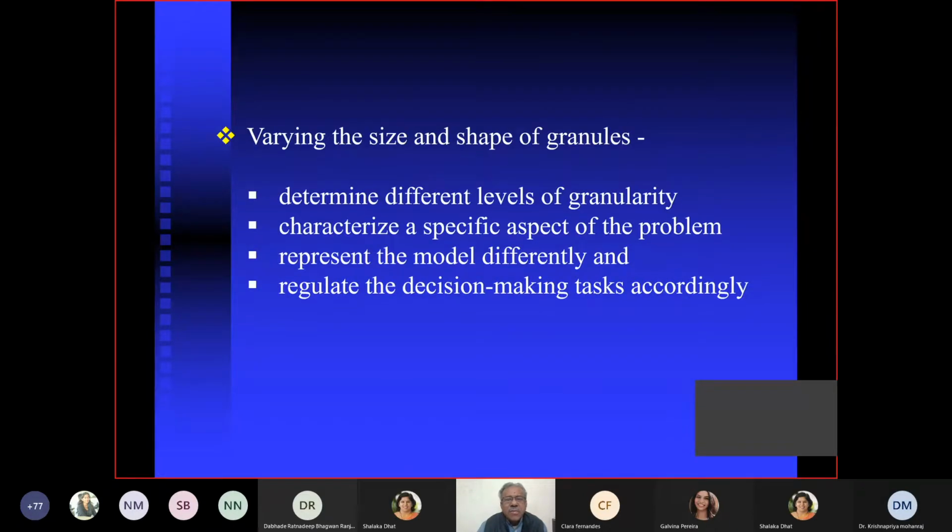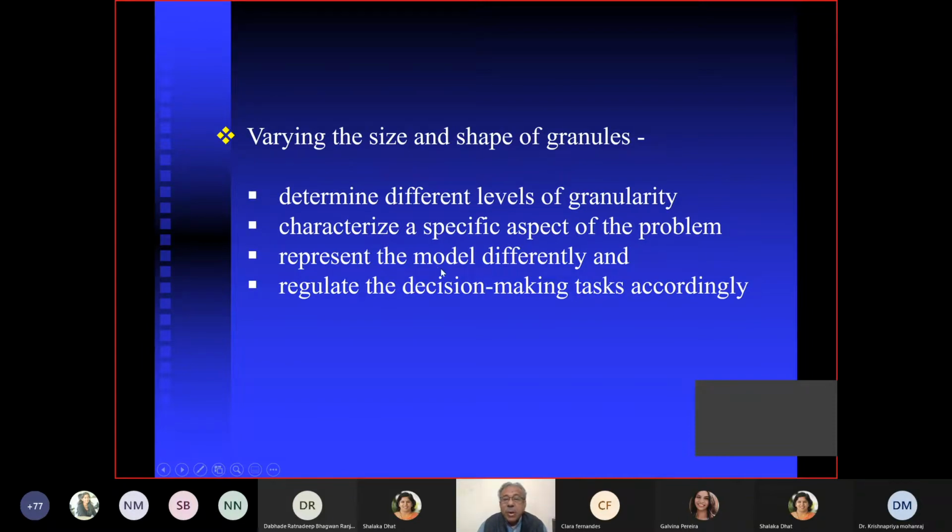So the next question comes: there must be a role of granules, because a granule represents all the information. Granules represent the abstracted information of the data. Therefore, varying the size and shape of granules will determine different levels of granularity. That means finer to coarse. It characterizes a specific aspect of the problem; it depends on which aspect of the problem you want to play with. So you define your granule accordingly.